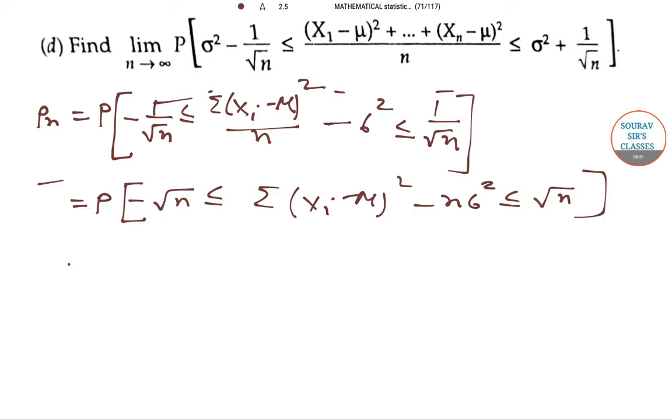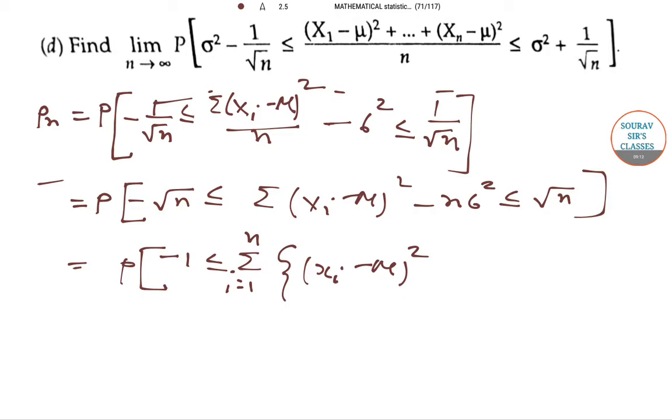So now if you further solve this question, we'll find it to be equal to probability minus 1 less than or equal to summation i equals 1 to n, curly bracket (x_i minus mu) whole square minus sigma square, divided by root n less than or equal to 1.